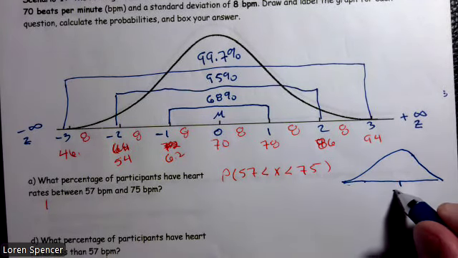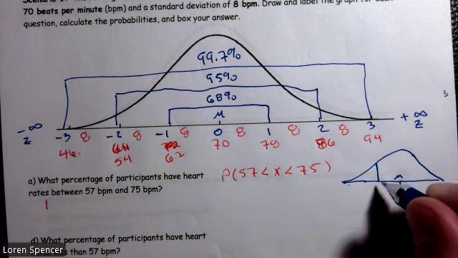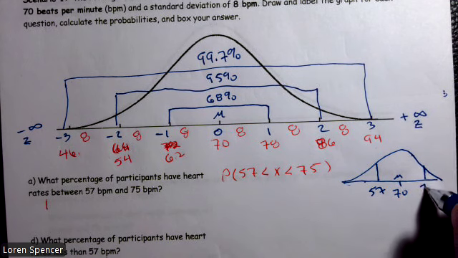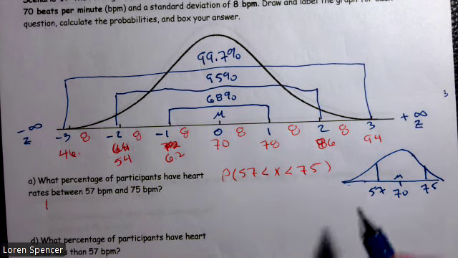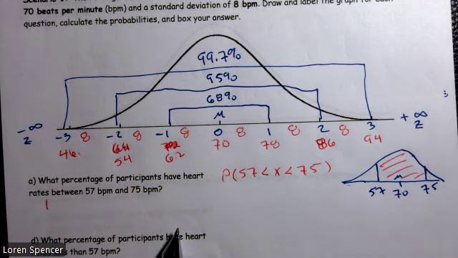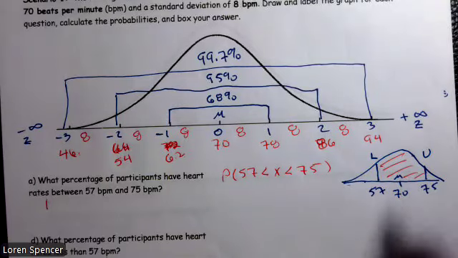The mean is 70. All right, so that's where we're centered at. We're always centered on the mean for a normal. Well, 57 is below this, and 75 is somewhere up here above it. So I'm looking for those values, and this is my lower, and this is my upper.